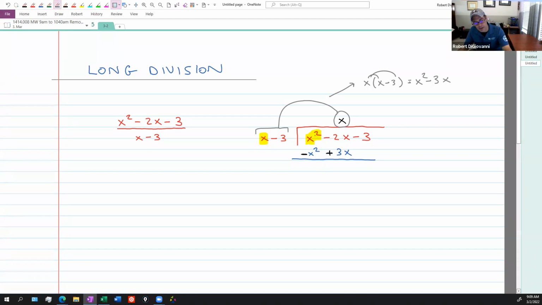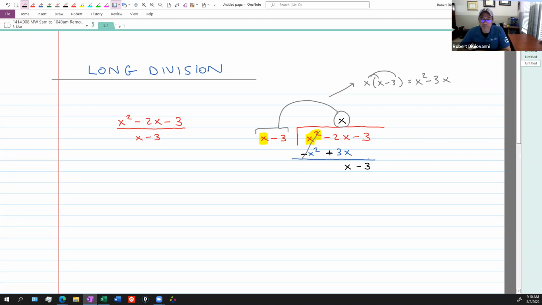If you take x squared and take away x squared, these go away. If you do negative 2x and add 3x, you get just a single x. Then you have negative 3 and you're not adding or subtracting anything from it, so you just have minus 3 here. So we have x minus 3.